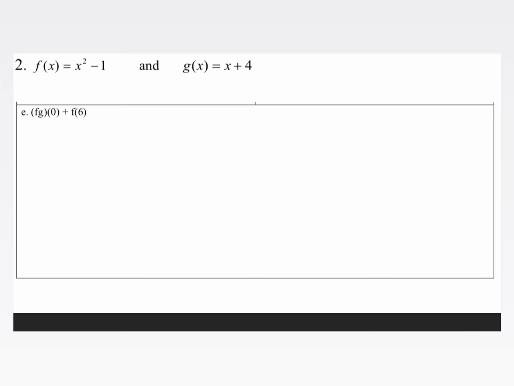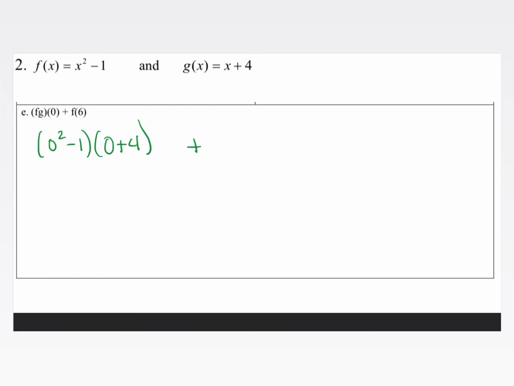Last but not least, we have part E, f times g of 0 plus f of 6. So we're going to plug in. f times g of 0 is 0 squared minus 1 times 0 plus 4. We actually already solved this earlier.